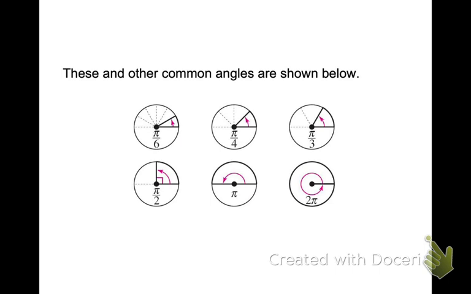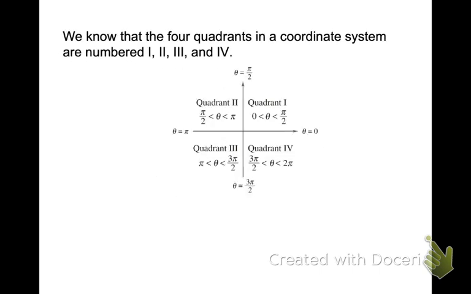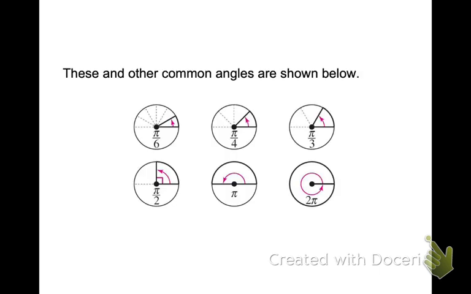Okay, so this is just a picture. Their pictures are probably a little bit neater than mine, but I like mine better. Again, 6 went into 180 how many times? 30. So what is this degree? 30 degrees. Pi over 4. See how it's a fourth of it? It is 45.